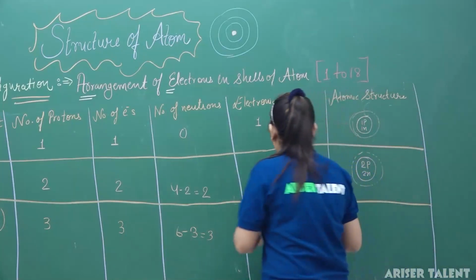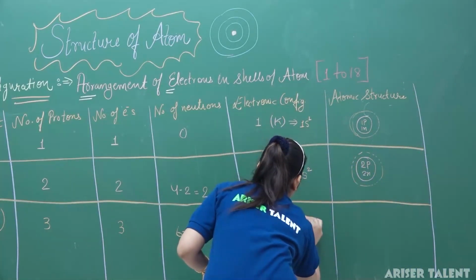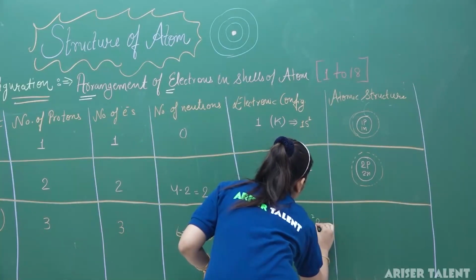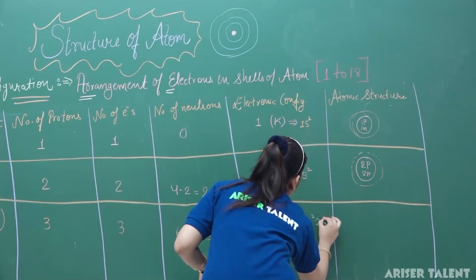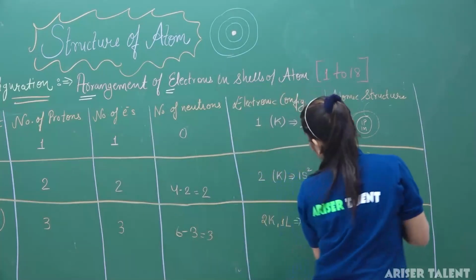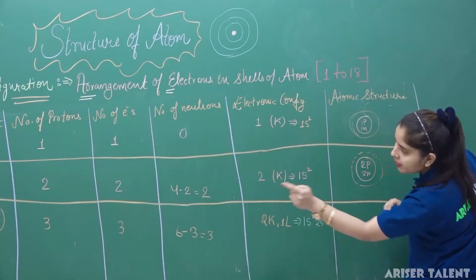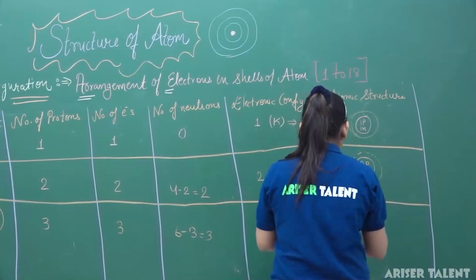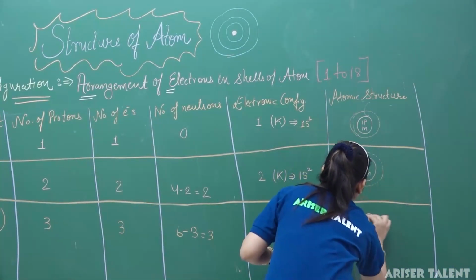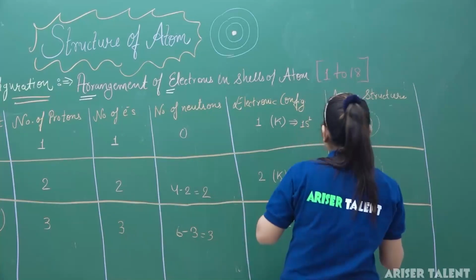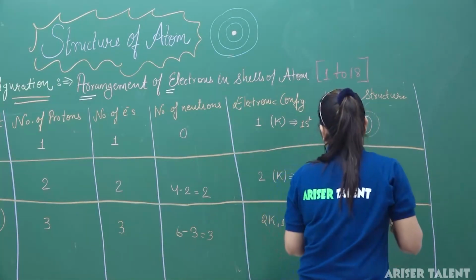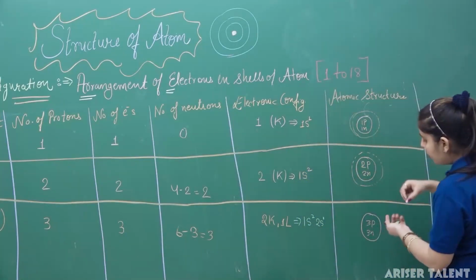So its electronic configuration can be written as 1s2, 2s1. So 2 plus 1 gives 3. Now we will draw the atomic structure of this. We have 3 protons and 3 neutrons and 1 electron in the outermost shell.